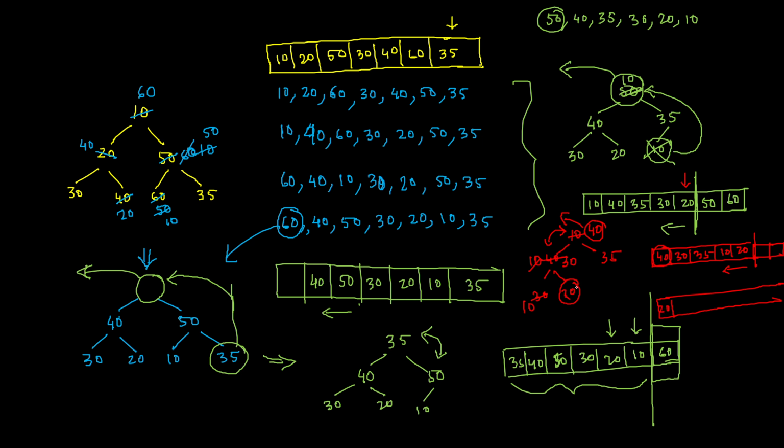Then 20 will take its place, then 20's left remains 30, and the right side is 35, and then 30's left is 10. So only these 4 are left, and the other 3 data, 60 we already had, 50 we had, and now this 40 has joined here.